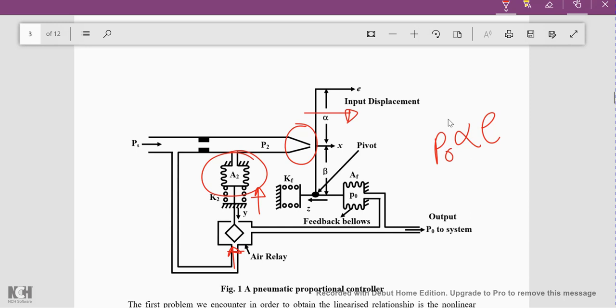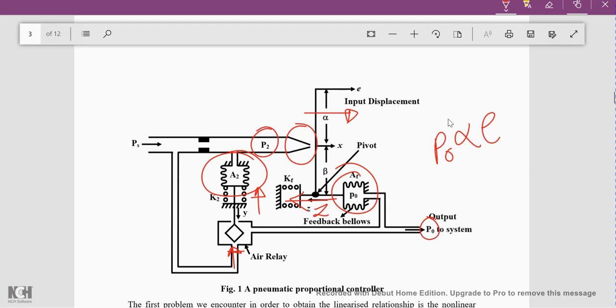That high pressure will also be sensed by this other bellow, P naught. The output pressure is sensed by this bellow, so it will expand. When it expands, it will push this spring to the left hand side, sorry, with a displacement of Z. This movement will make the flapper nozzle come back to its original position, thereby bringing P2 back to its original value, and thereby P0 back to its original value.